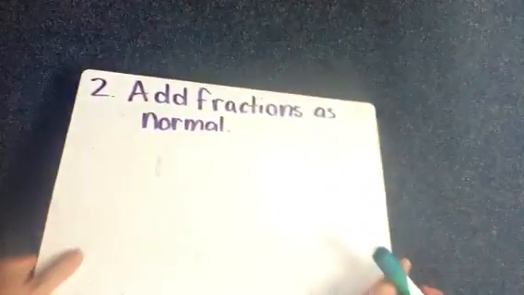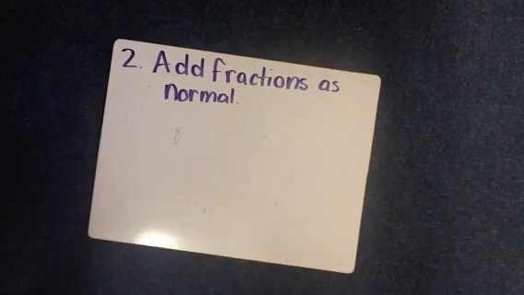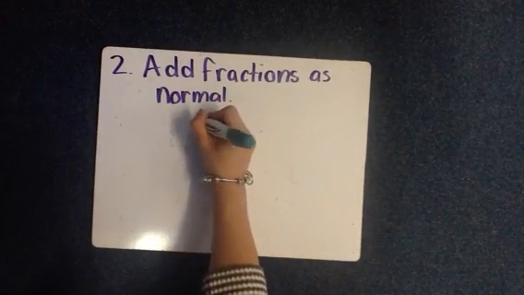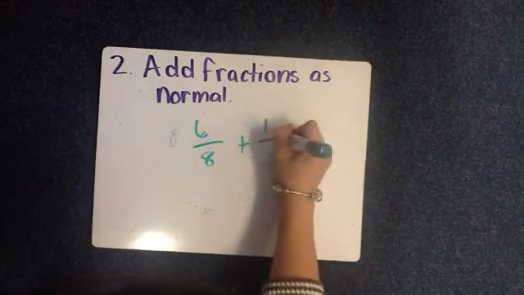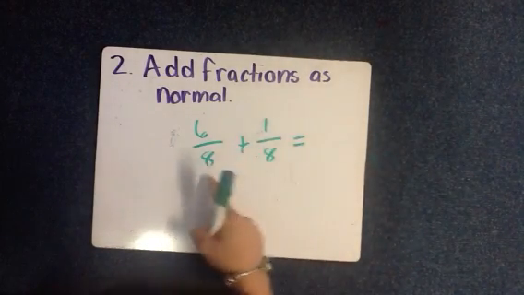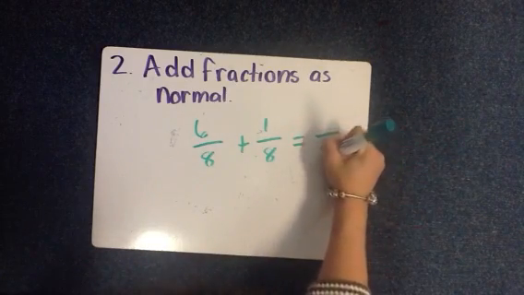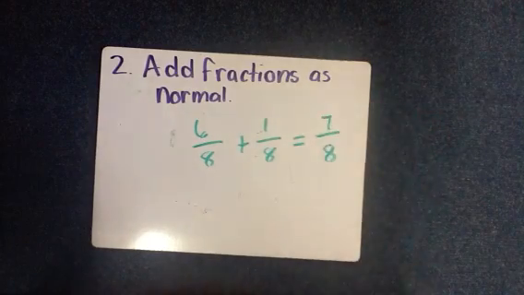The second step is to add the fractions just as you would a normal fraction. So we've got 6/8 plus 1/8 equals... Remember, when we're adding fractions, we don't add the 2 denominators, they stay the same, and 6 plus 1 equals 7.